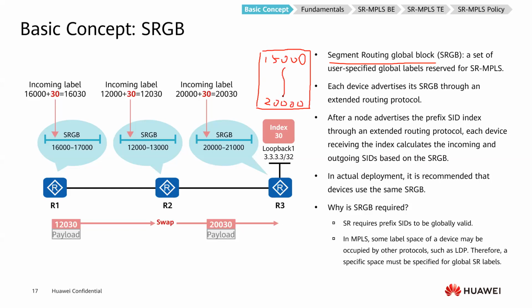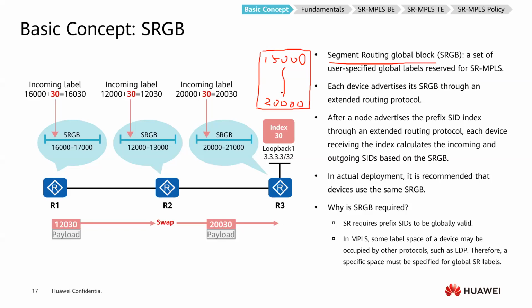So from here to here, this is where segment routing can use. Which means when we do the configuration, we need to define what is the range of labels that SR MPLS can use.